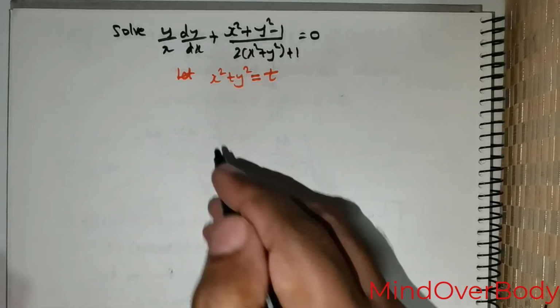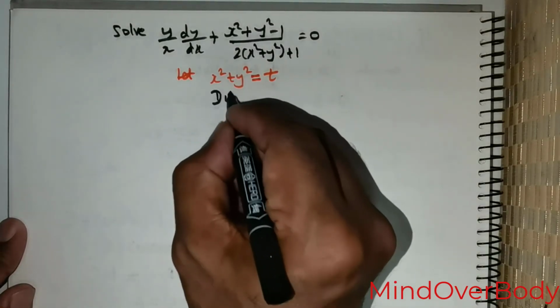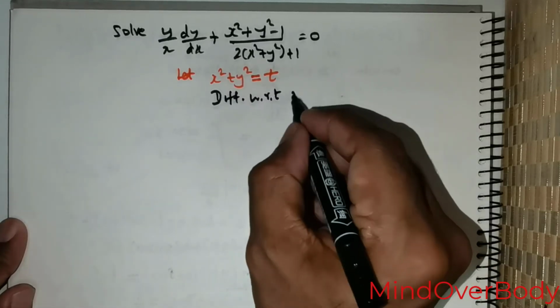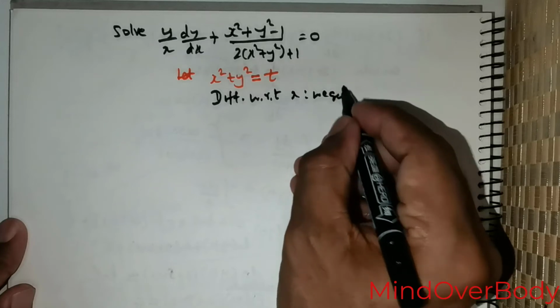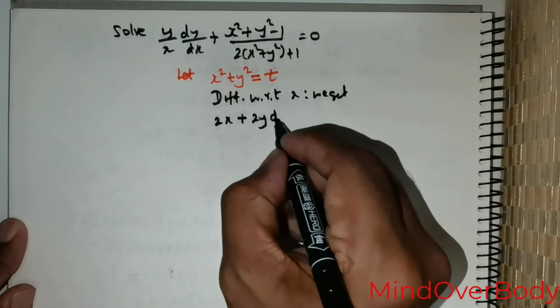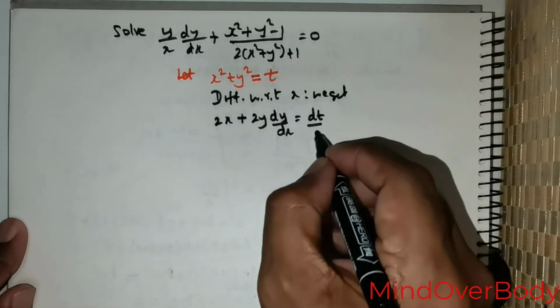Now when I take this, I will be differentiating both sides. Differentiating with respect to x, we get, this is going to be 2x, this is going to be 2y dy/dx, this is going to be dt/dx.